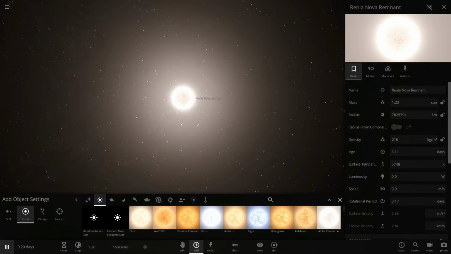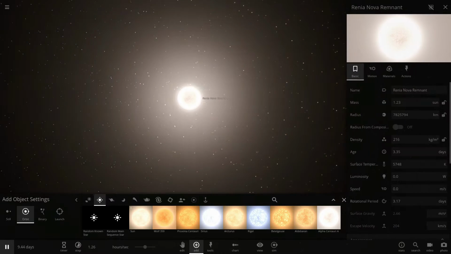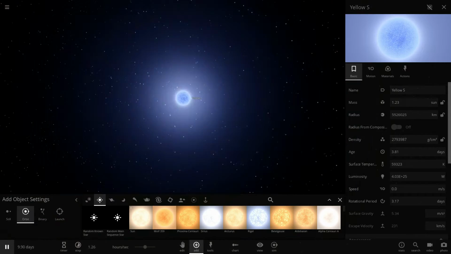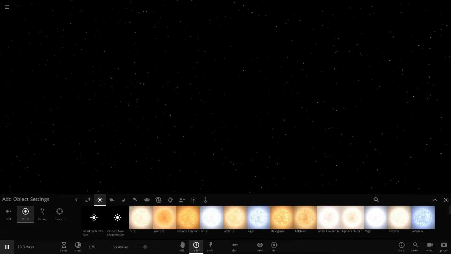This is your average yellow dwarf. So yellow, not yellow dwarf. Sub. Are you absolutely joking me right now? This is just stupid.